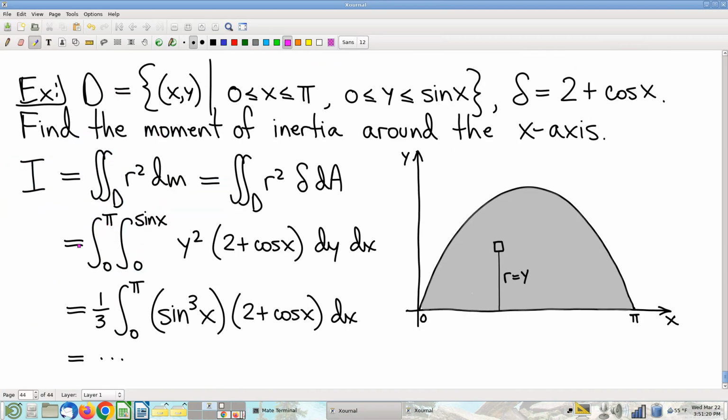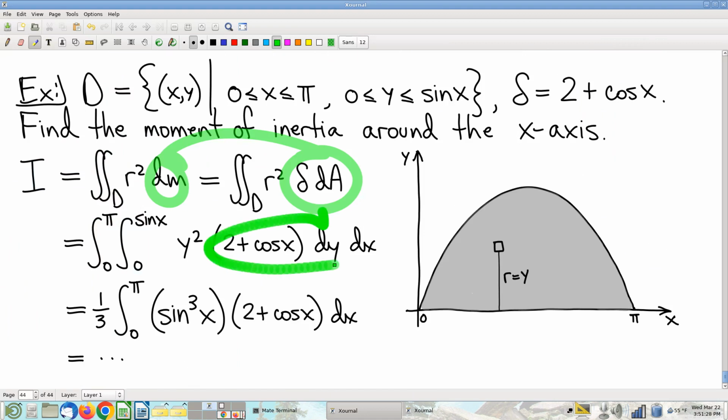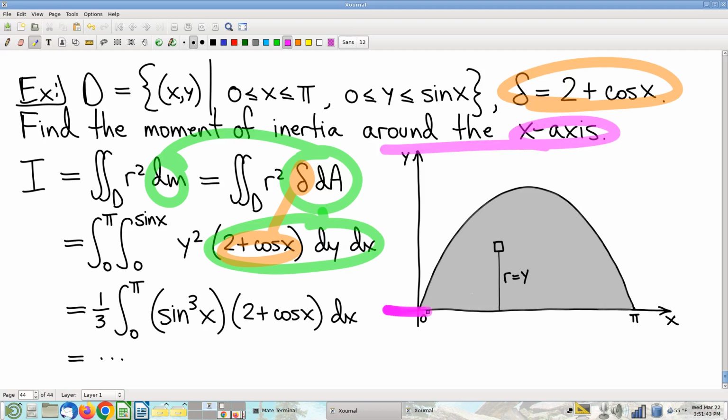Okay. Integral r squared dm. Now I've just got to make sense out of it. Well, mass is density times area. Density, of course, given. So that's just a little bit of plugging in. Not much happened there. What can I say about R? Well, keep in mind I'm going around the x-axis, so here's our axis of rotation, and distance then from a generic point.